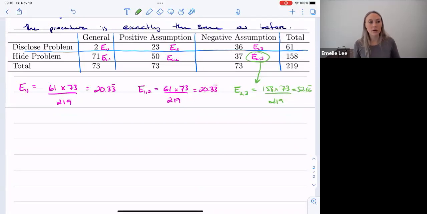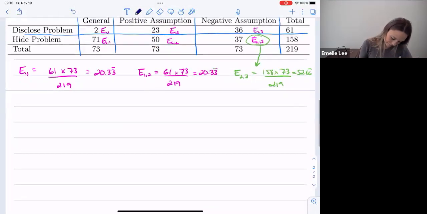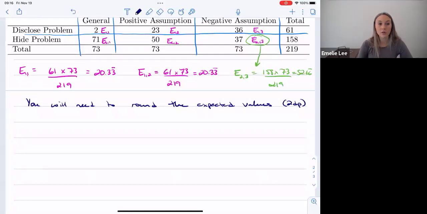So you'd have to do some rounding, but you want to be really careful that they still add up to the same values. So you will need to round the expected values, right? Maybe 2 decimal places is usually okay.